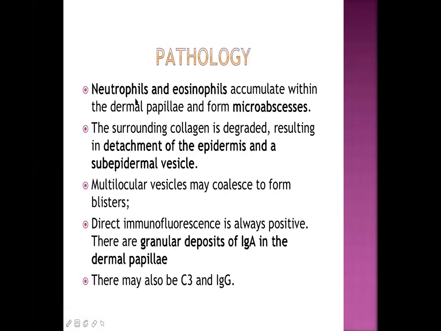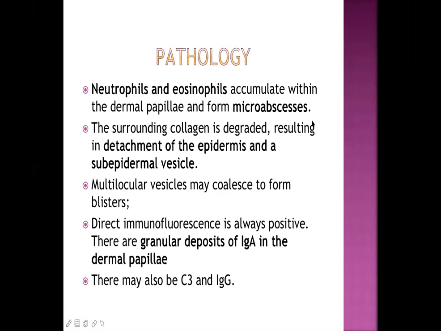Now, what is happening on the skin or in the subepidermal layer? Neutrophils and eosinophils accumulate there within the dermal papilla and form microabscesses. This is in the papillary layer of the dermis.